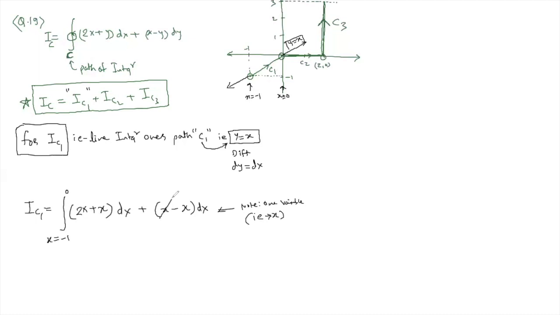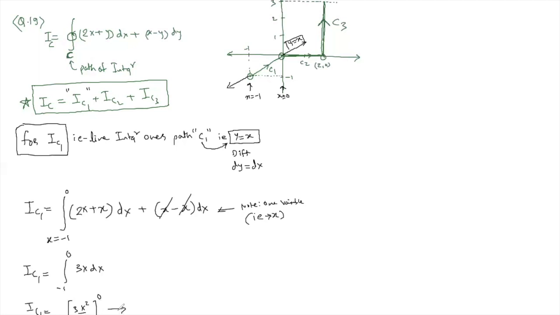Your x will cancel out here. That becomes 0. Tell me what is IC1? It's 3x squared over 2, going from -1 to 0.